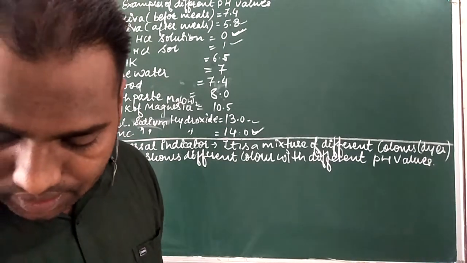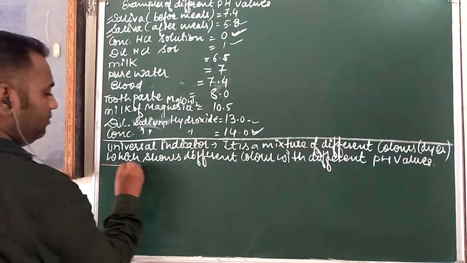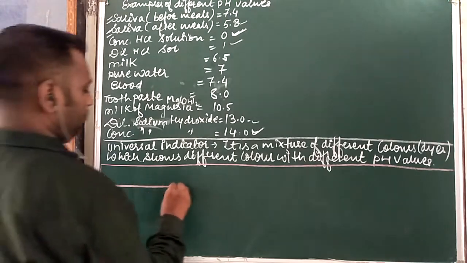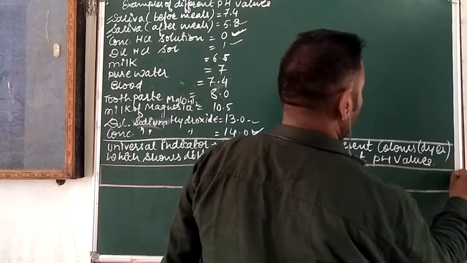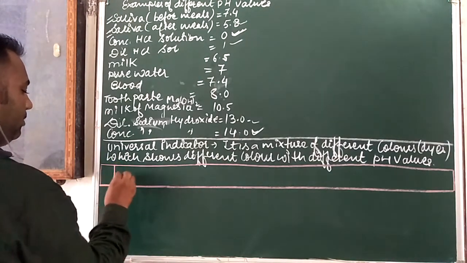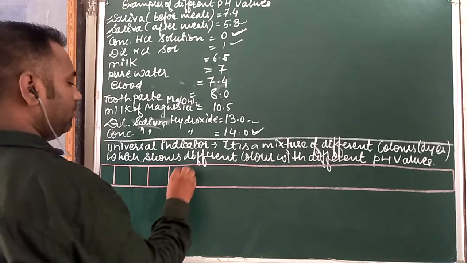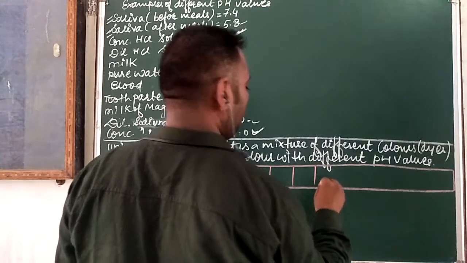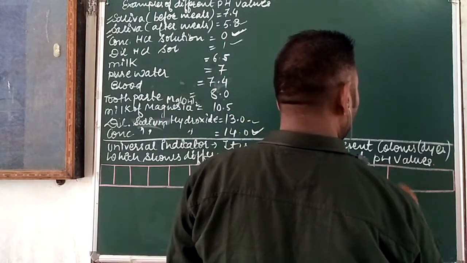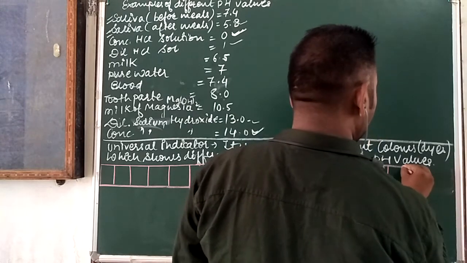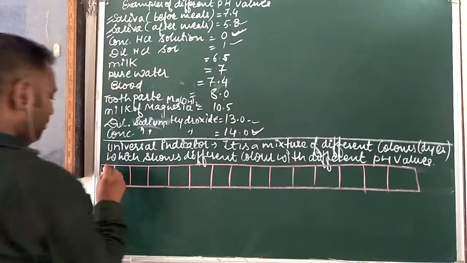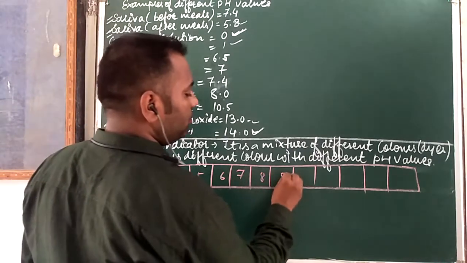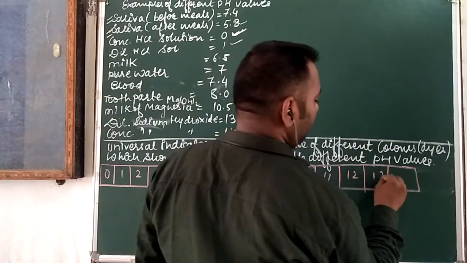Okay, so I am showing here one box: 0, 1, 2, 3, 4, 5, 6, 7, 8, 9, 10, 11, 12, 13 and 14.